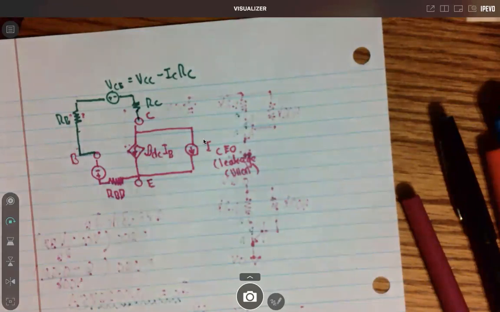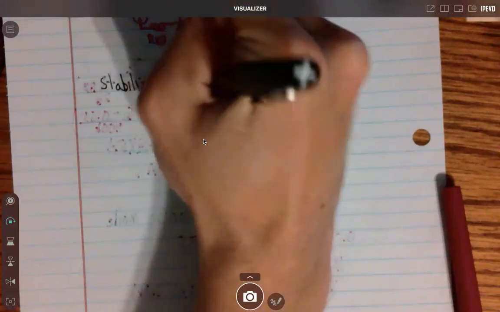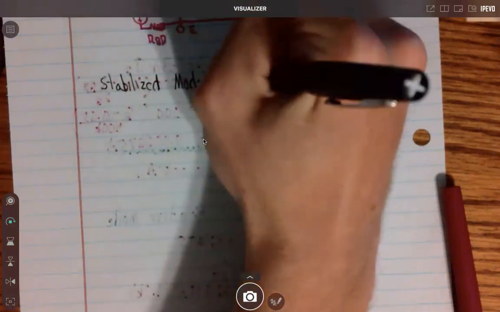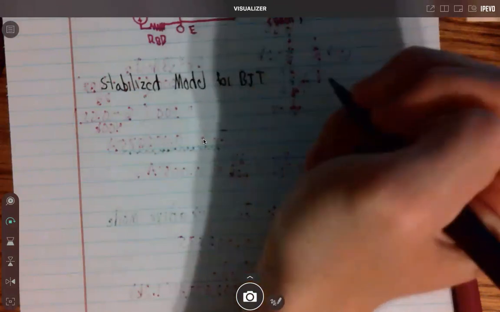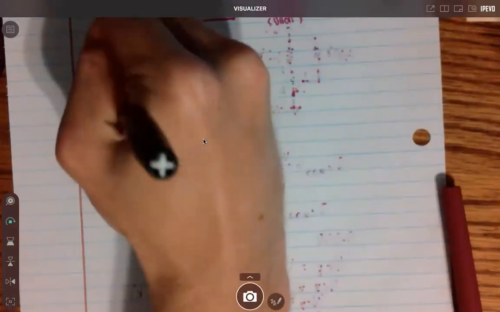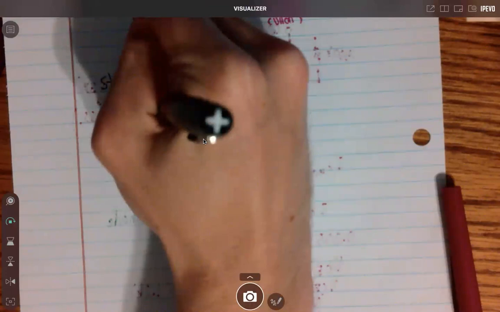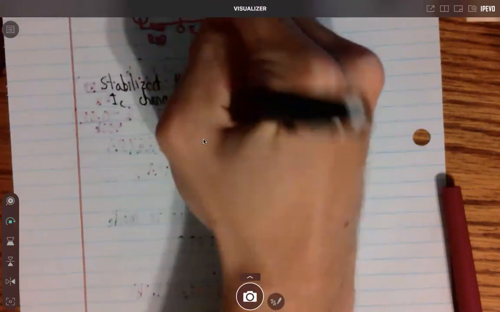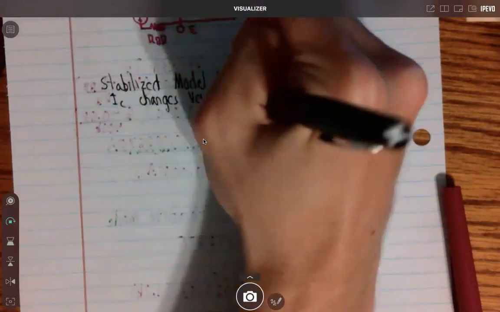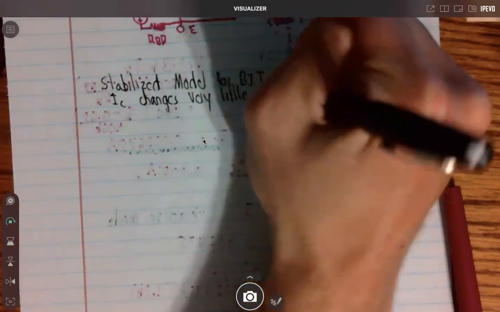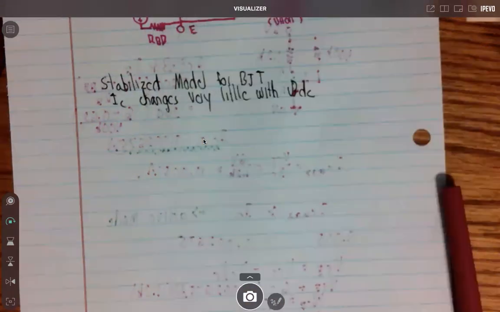The reason we like using the stabilized model is because IC changes very little with beta DC. So it's not temperature dependent. And so that's where we're going to see our transistor.